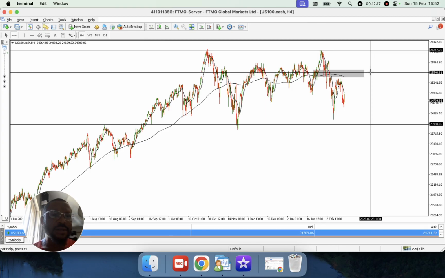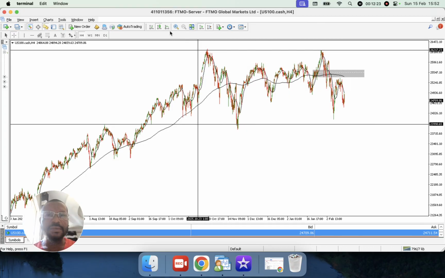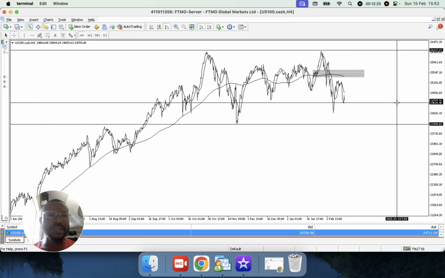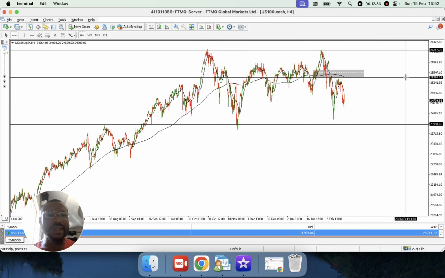Sell at 25,398, stop loss at 25,621. Then you can just exit at this point, 24,645. So for Nasdaq, sell entry will be at around 25,407.